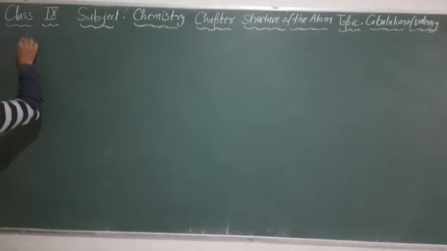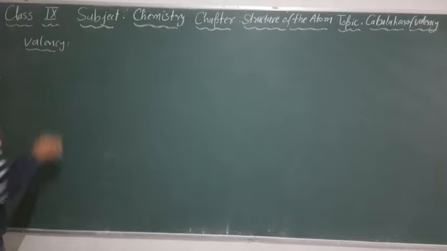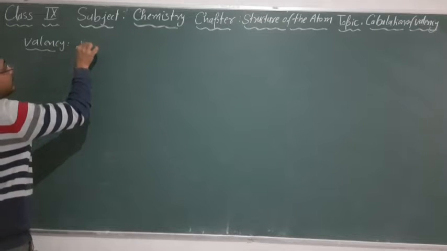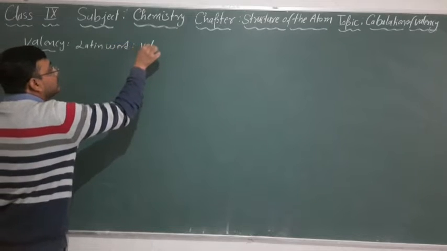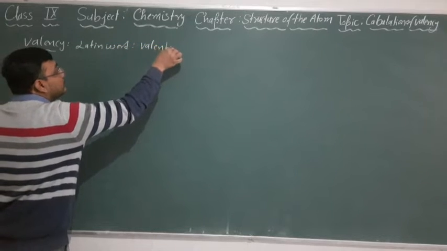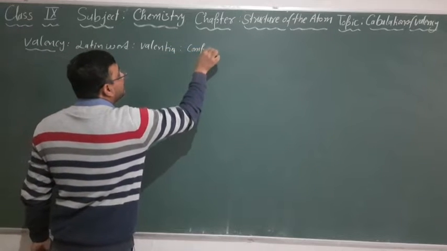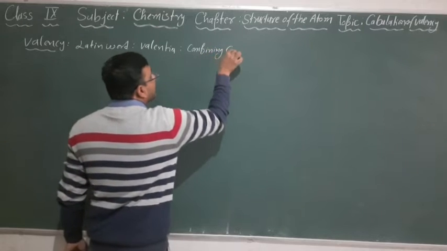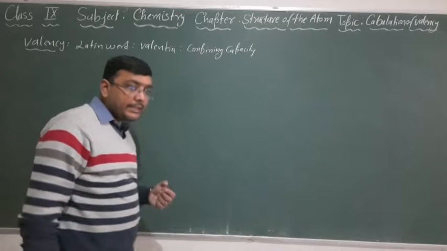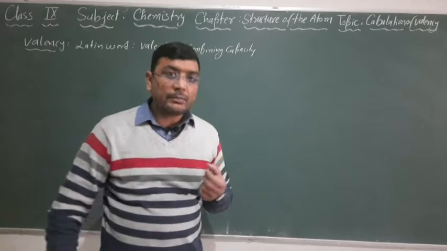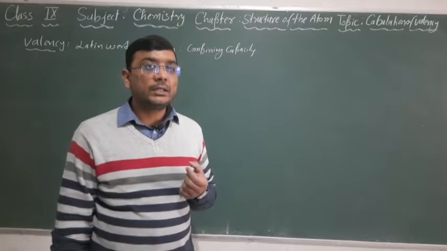As we know that valency is the combining capacity, from the Latin word valentia, that means combining capacity. So the combining capacity of an atom of any element is defined with reference to the electron.